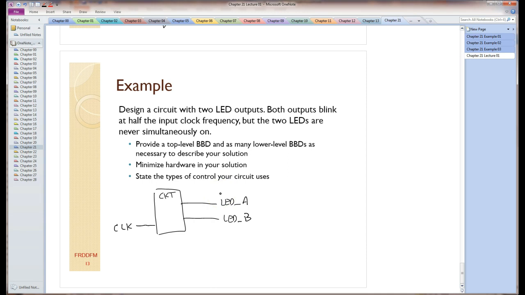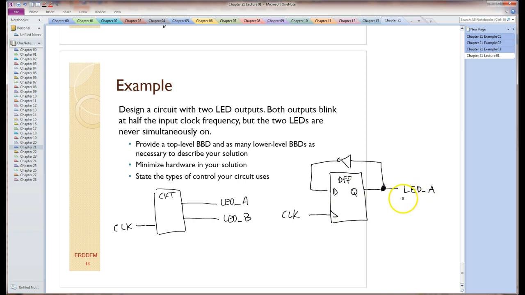So what that's going to look like is, in this circuit here, we have a D flip-flop. We're going to kind of copy the last design, because I know that cuts the frequency in half. And what I need on this output is, we'll just call this LED A. It looks good. What I need is also something that when this LED's on, the other LED's off, and vice versa.